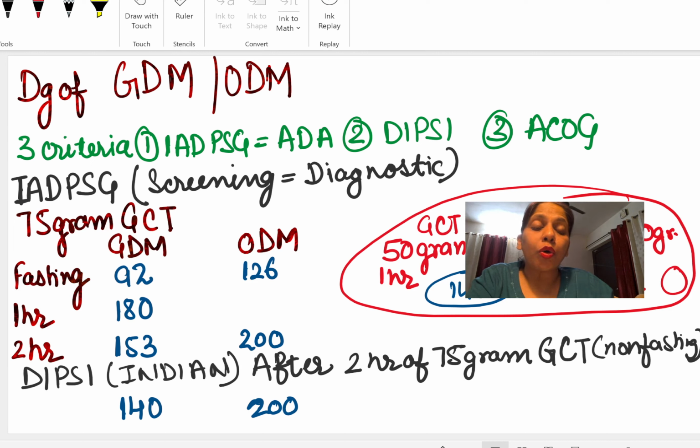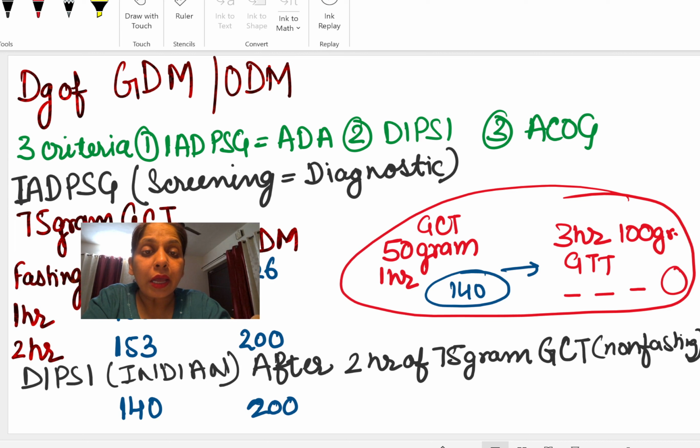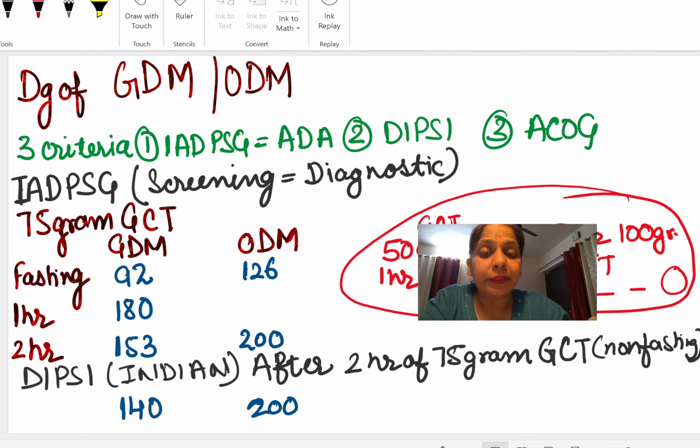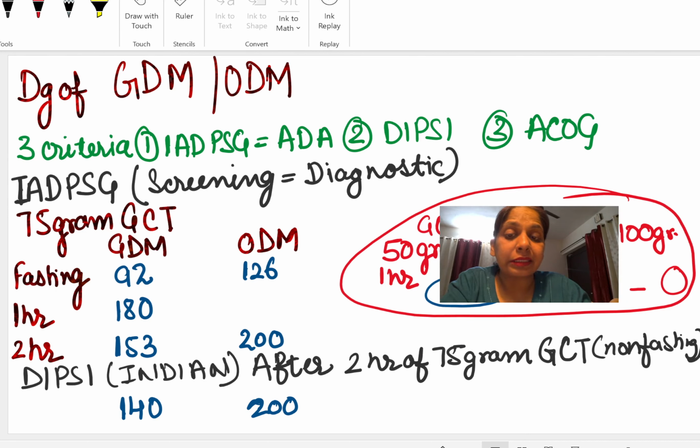Okay, for the overt diabetes mellitus, the values are 126 fasting. If it is more than 126, then it is overt diabetes mellitus, and the 2 hour value is 200. Okay, now what does DIPSI say? DIPSI, the Indian Society, says that, as you all know, Indian females are much less aware.